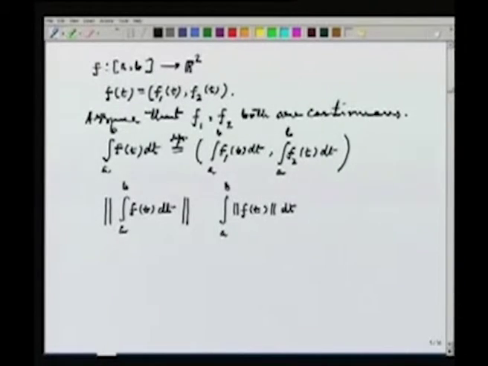Well, if you assume that f1 and f2 both are continuous functions, then it can actually be proved that the function norm f(t), which is the integrand of the right hand integral, is actually a continuous function of t. And hence, both the integrals actually exist, no problem with that. With the assumption of continuity on f1 and f2, one can prove that both the integrals exist.